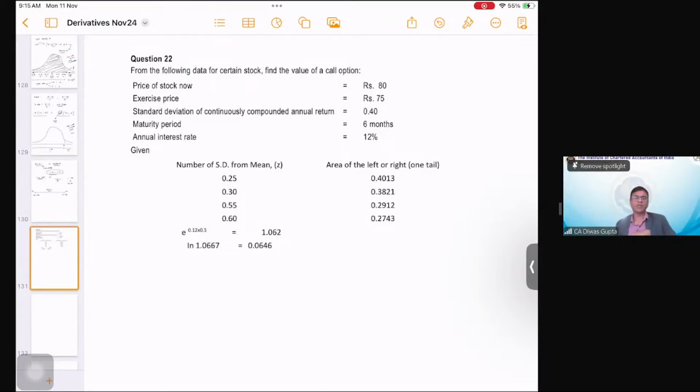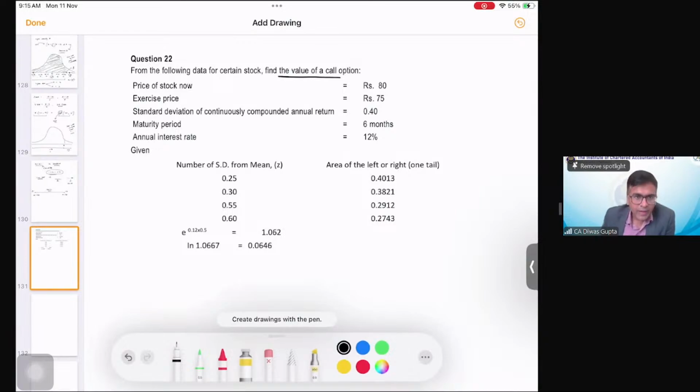This is the question on the Black-Scholes model, students. We will apply the formula that we have understood and calculate the values. From the following data for a certain stock, find the value of a call option.